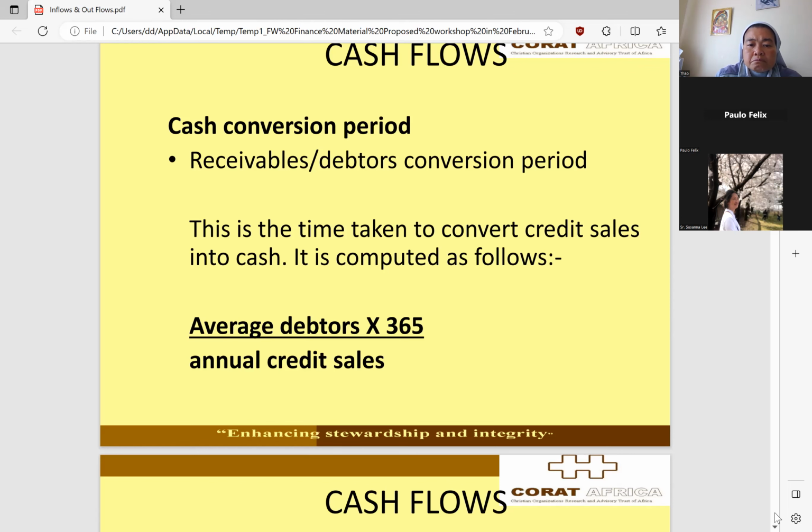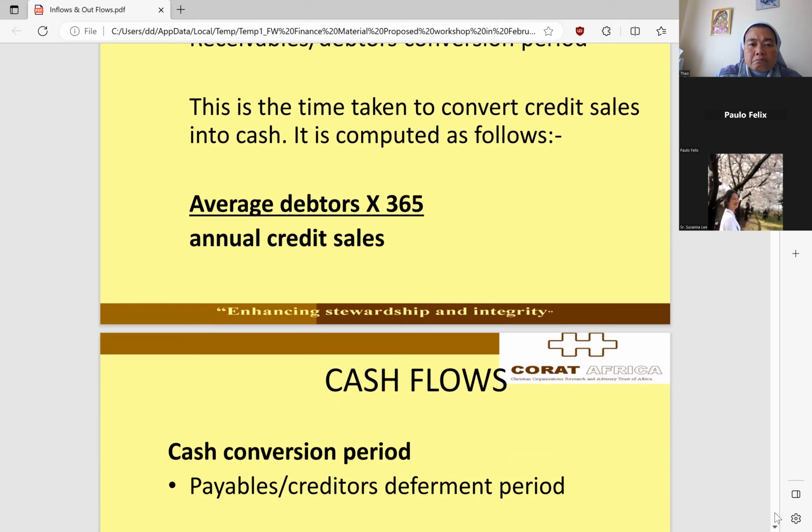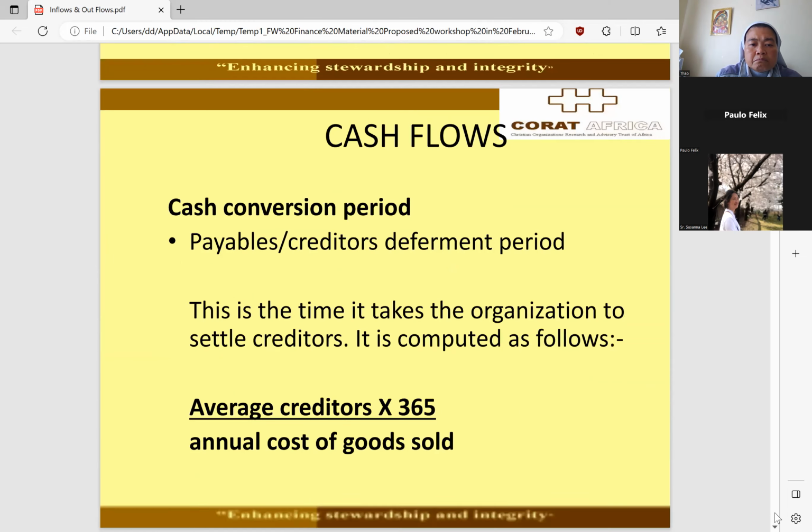So this is the formula used. And then the payables, creditors deferment period. This is the time it takes the organization to settle creditors. It is computed as follows: the average creditors times 365, divided by the annual cost of goods sold.